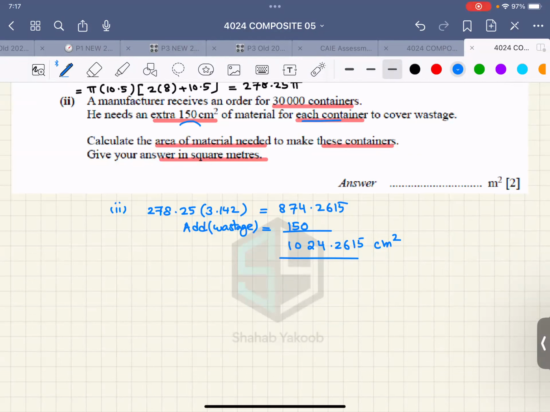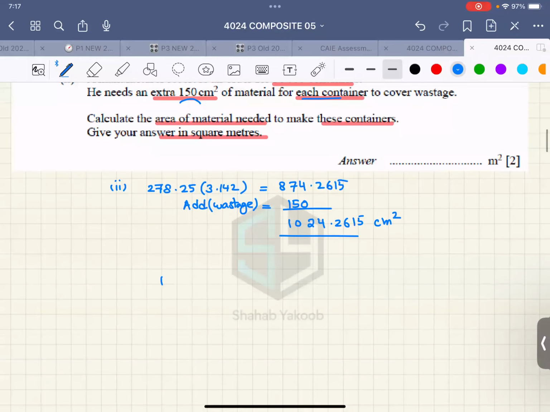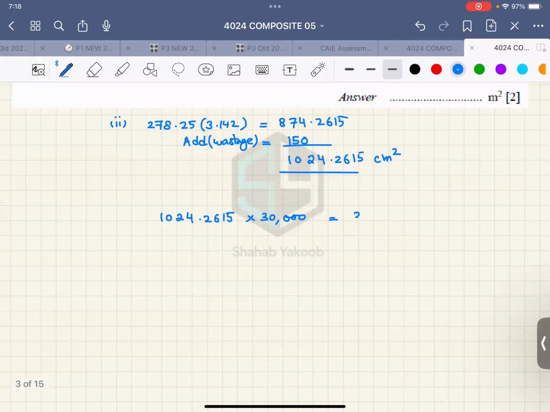This is for one container. For 30,000, 1024.2615 into 30,000. We will round it off all the way at the end. This comes out to be 30727845.